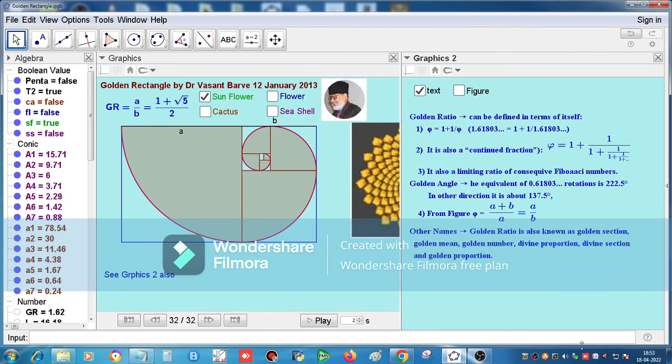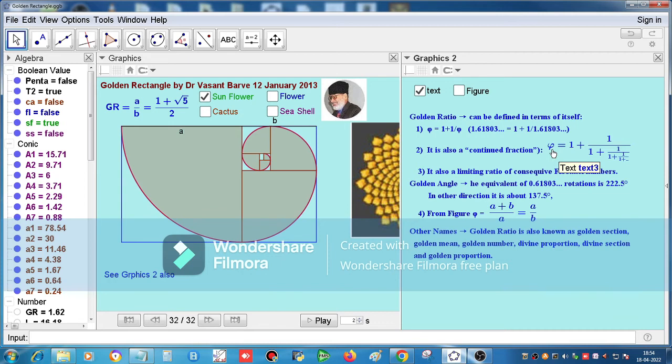Then it can also be obtained as a continued fraction: 1 + 1/(1 + 1/(1 + ...)), and like that the continued fraction goes on. That also is phi.